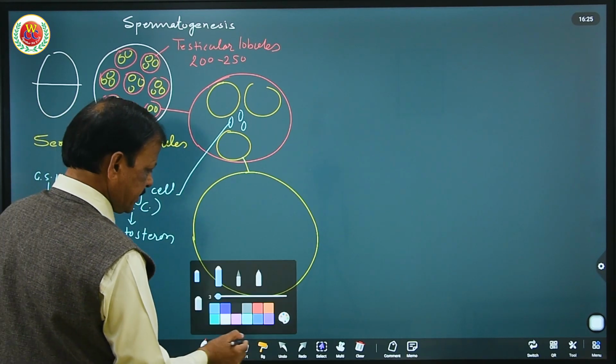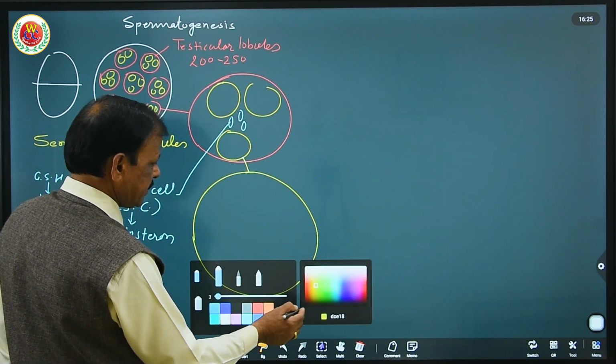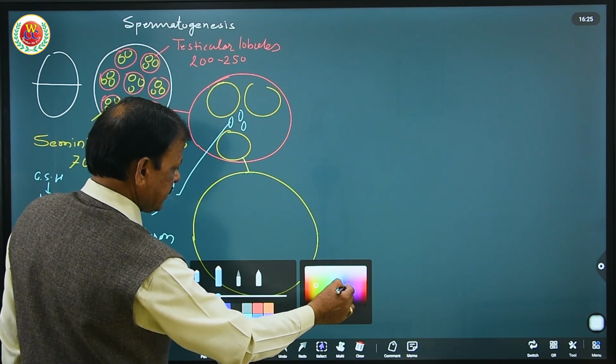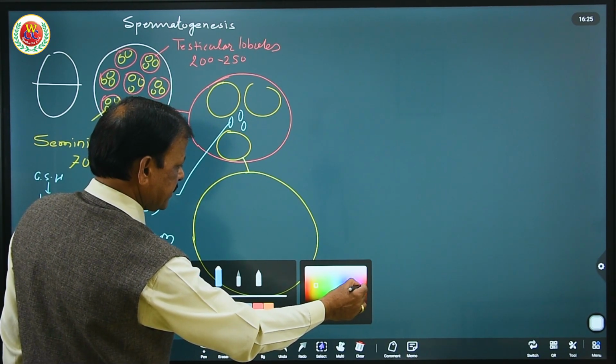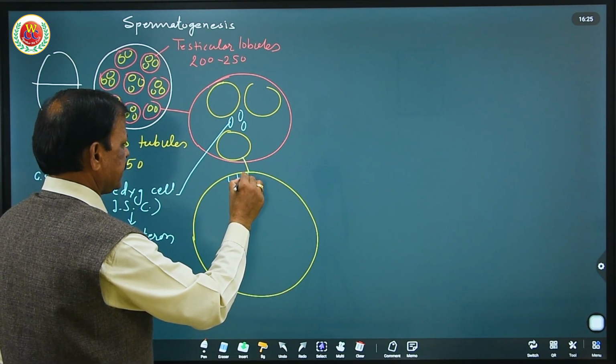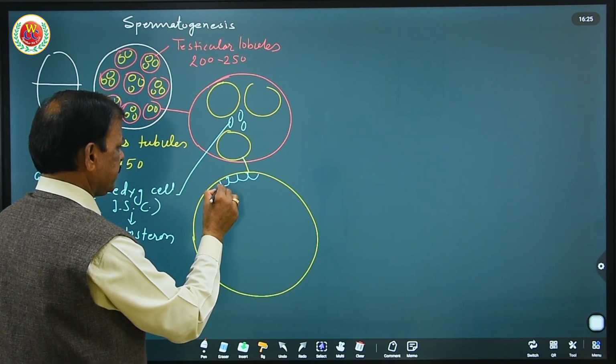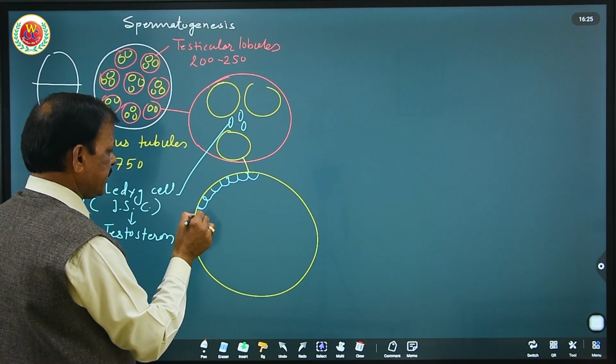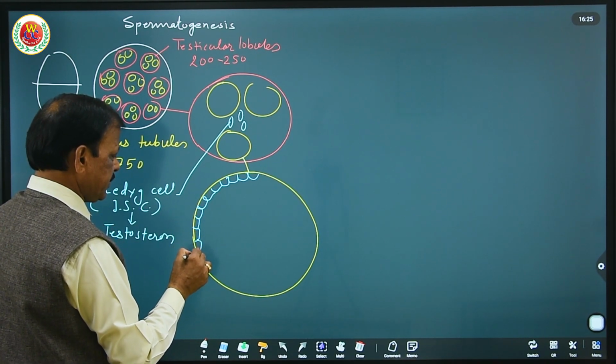Each seminiferous tubule is internally lined with germinal epithelial cells. This is the germinal layer, and these germinal epithelial cells are the spermatogonia.